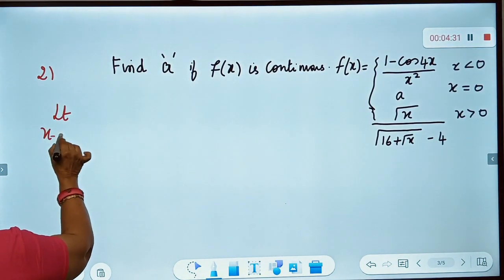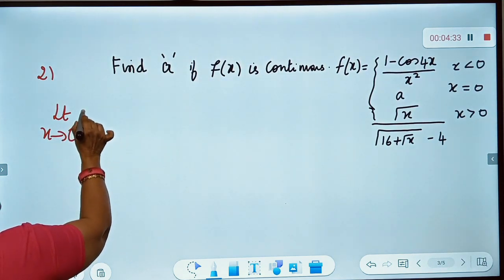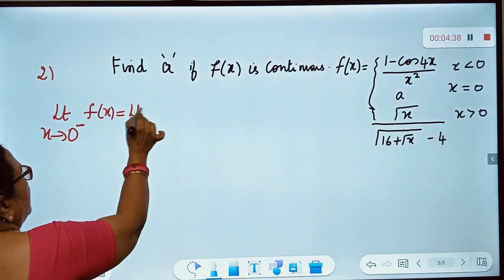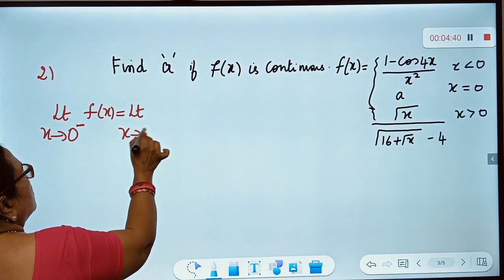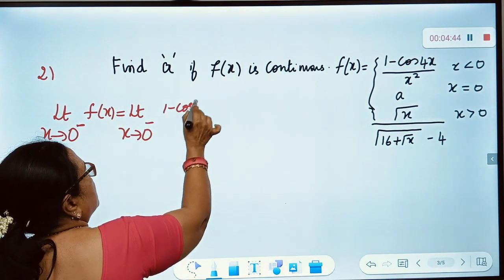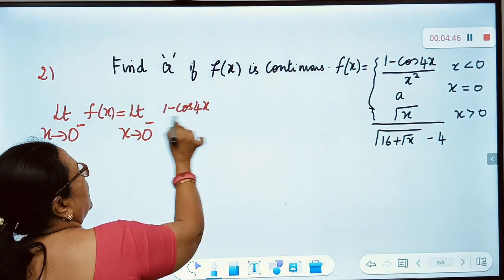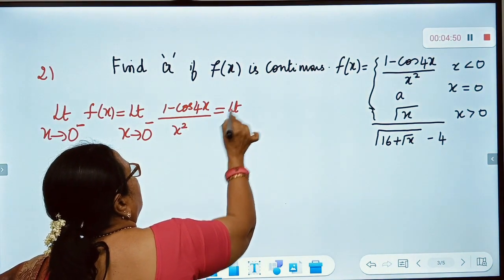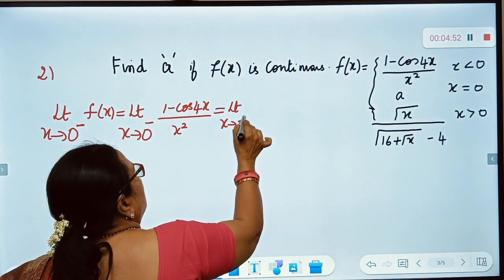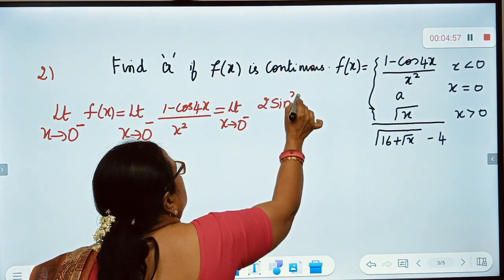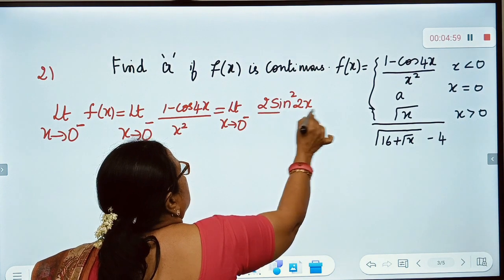Limit x tends to 0 minus of f of x will be limit x tends to 0 minus of 1 minus cos 4x by x square, which is equal to limit x tends to 0 minus of 2 sine square 2x by x square.